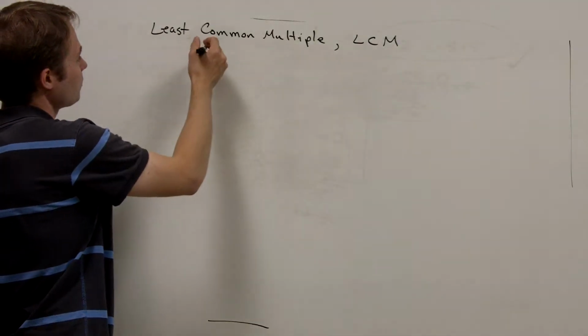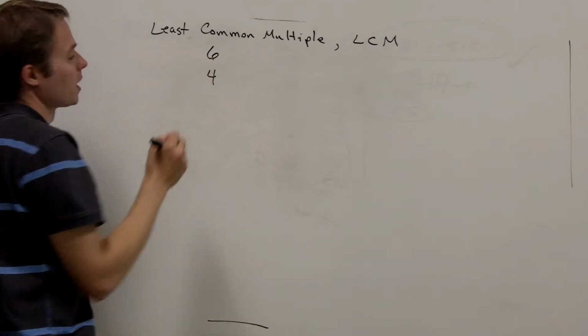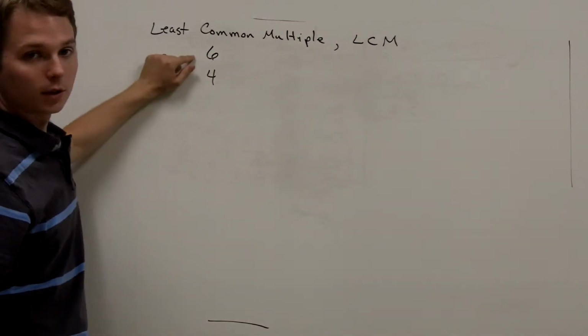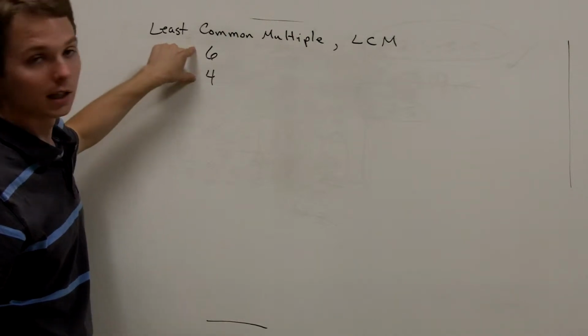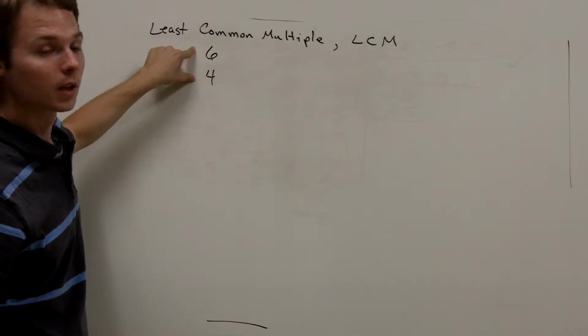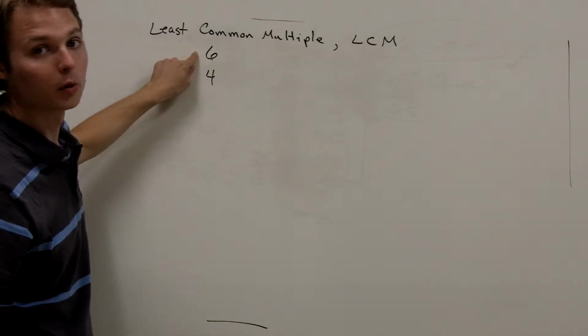For example, if I take 6 and 4 as my two numbers, I want to know what is the smallest number that can be divided by each of these numbers. A number that can be divided by a number is what's called a multiple.